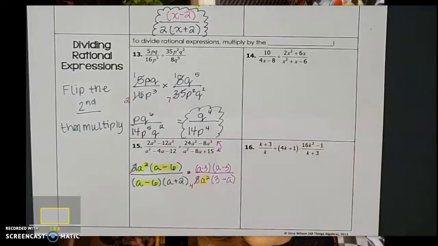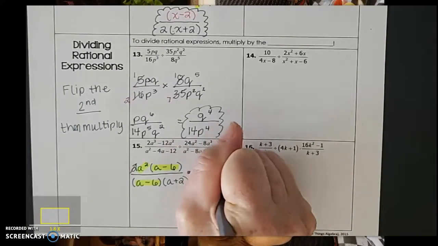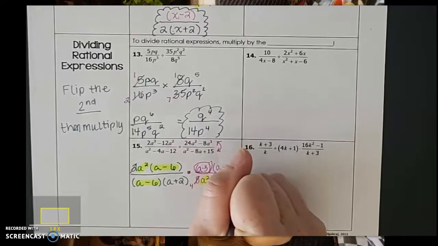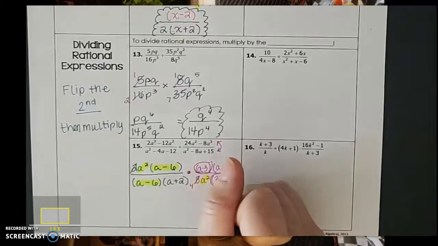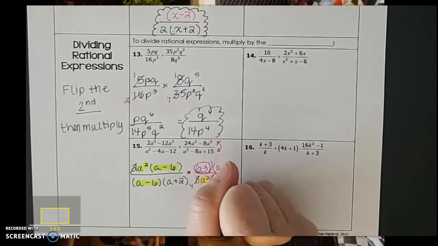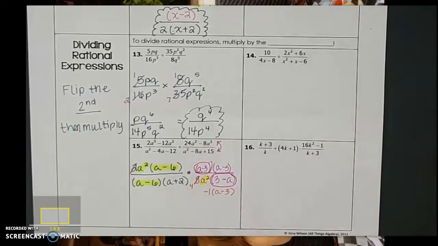All right, and the only other thing I have here is this a minus 3 and this 3 minus a. Now we can't reduce those because subtraction is not commutative, but if we factor out a -1, this becomes a minus 3. So now I have an a minus 3 that I can reduce with an a minus 3.